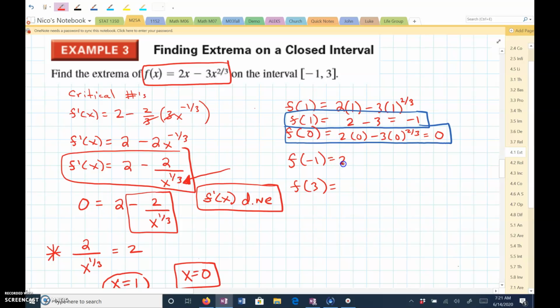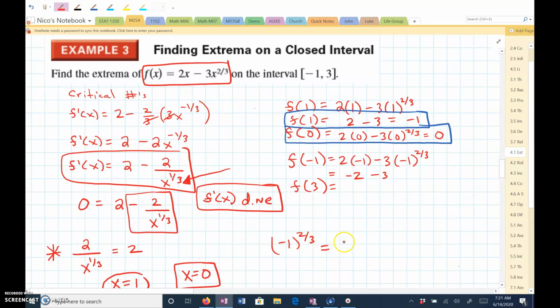Then I've got 2 times negative 1 minus 3 times negative 1 to the 2/3 power. This would be negative 2 minus 3. Let's take a look at negative 1 to the 2/3 power.